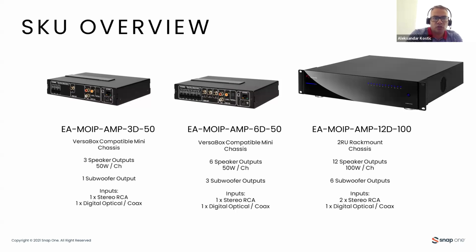So you cannot split those 3 channels into multiple zones. It acts like a single virtual MOIP audio receiver. The total power budget of this amplifier is 50 watts, and it also has one dedicated line level subwoofer output for an active subwoofer.